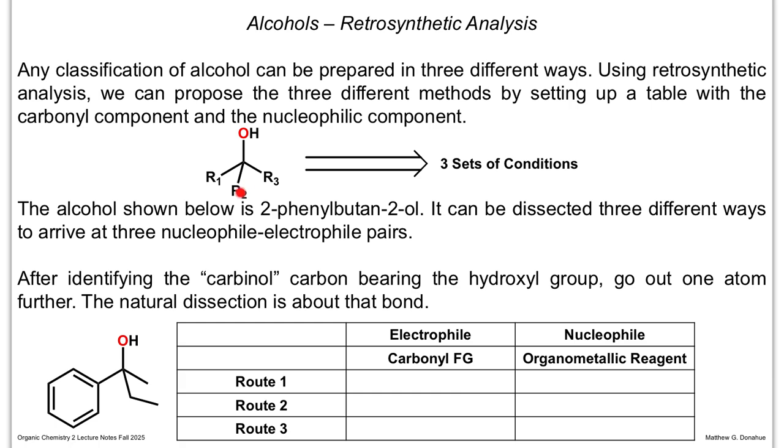So for any alcohol, the carbon bearing the OH, that's the carbonyl carbon. There's 1, 2, 3 substituents. And then based on what those things are, the alcohol is primary, secondary, or tertiary.